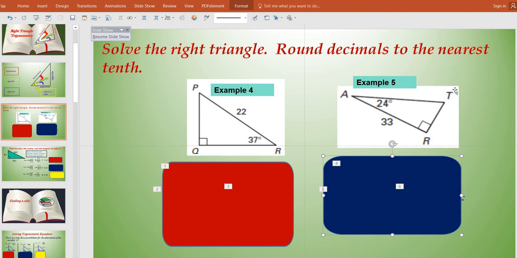Now we know the lengths of the three sides and the three angles of the triangle.